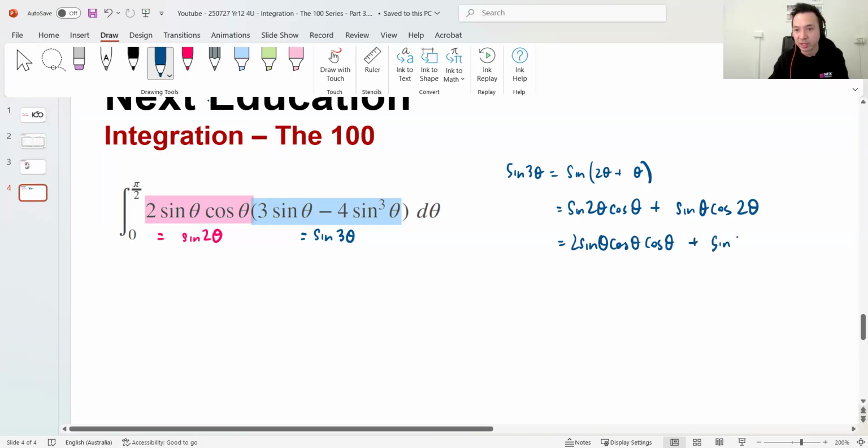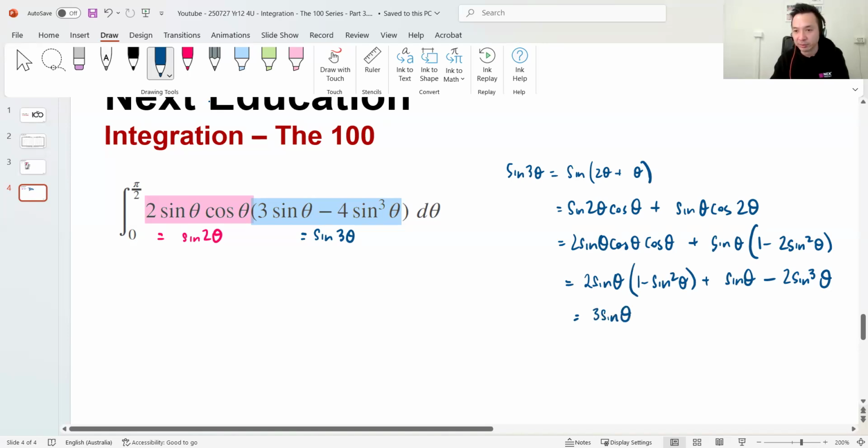Now I want everything in terms of sine, so I'm going to use the cos one that has 1 minus 2 sine squared. That becomes 2 sine cos squared, which is now 1 minus sine squared. I'm going quickly because this expansion, hopefully you understand what I'm trying to do here. I'm just applying a few trig identities. And then if you collect like terms, 2 sine plus sine, that's 3 sine.